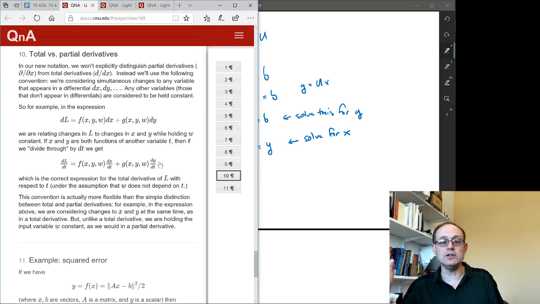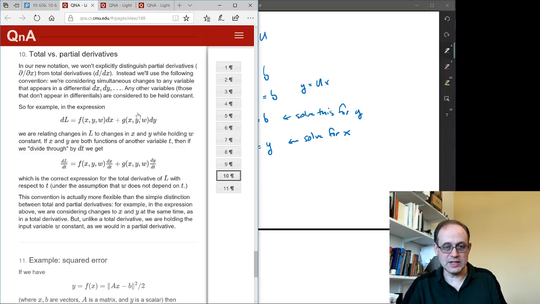So our convention is to say that any variable that appears in a differential is one that we're thinking of varying, and any variable that doesn't is one that we're holding constant. This is actually a nicer convention than the partial derivative one, because it says explicitly which variables we're considering as variables and which ones we're holding constant for now.